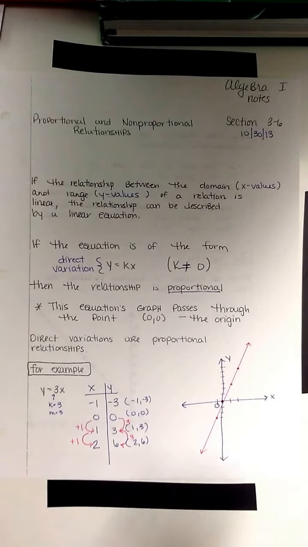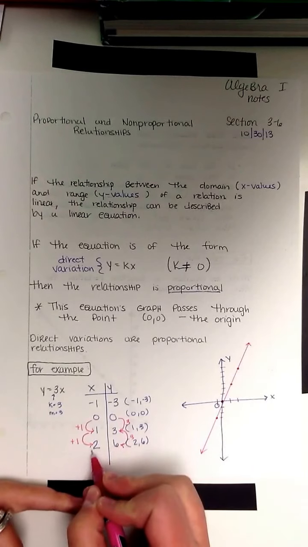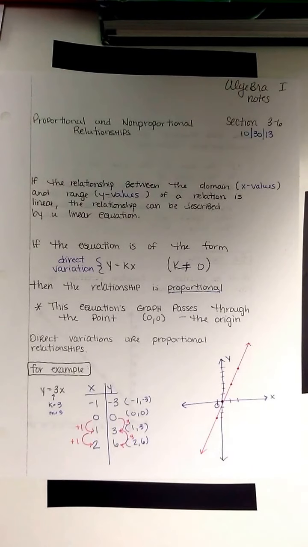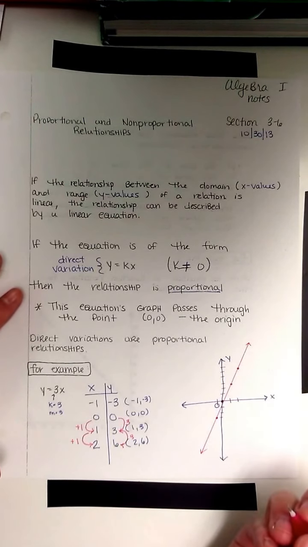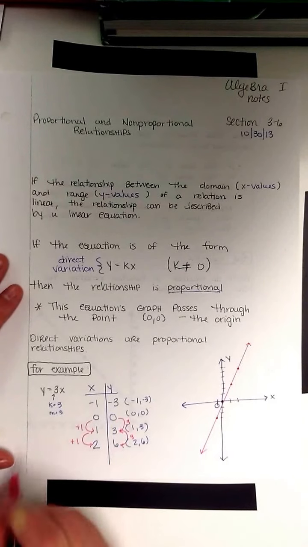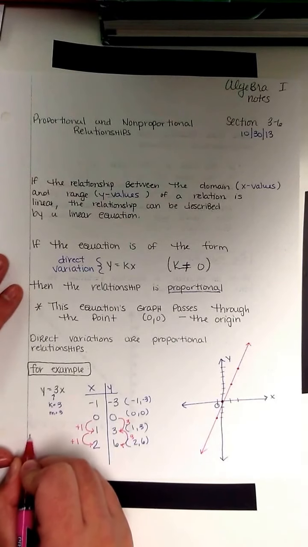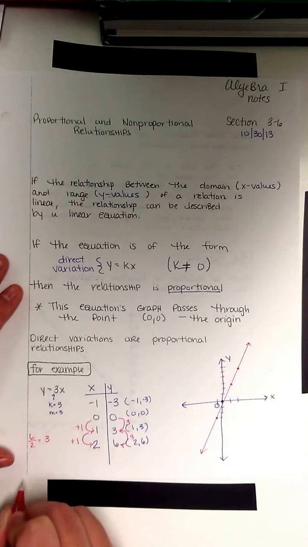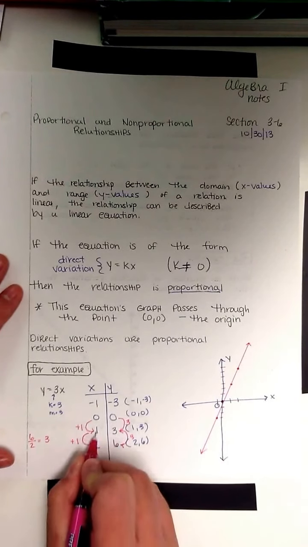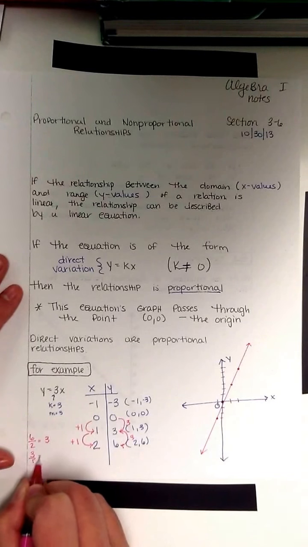So if I'm talking about ratios for y to x, remember we're going to list y in the numerator because slope is rise over run. I'm going to start writing them as a fraction. So I'm going to say 2 compared to 6 is 3. 3 compared to 1 is 3.